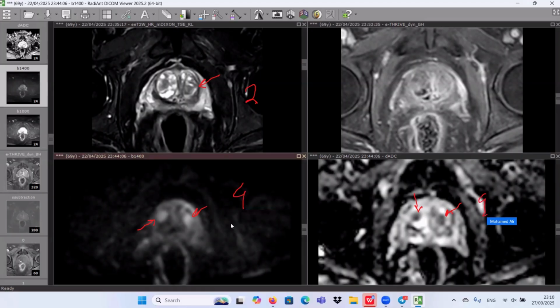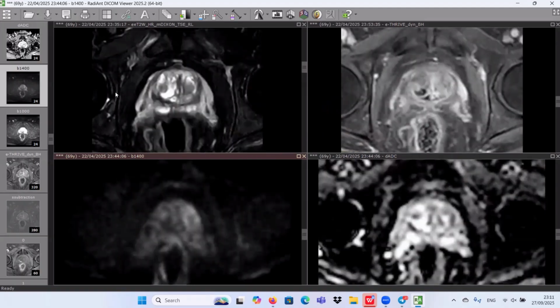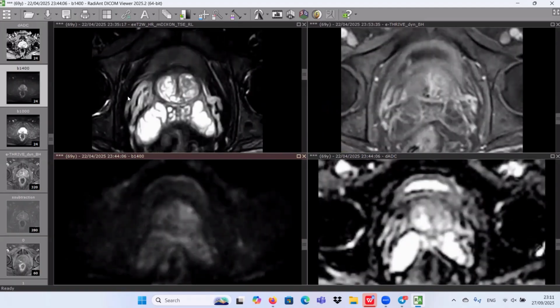So according to the T2 score 2 and the diffusion weighted image score 4, both of them give me PI-RADS 3. Okay. We don't have any seminal vesicle invasion. Look, these are the seminal vesicles, bright T2 signal, homogeneous.